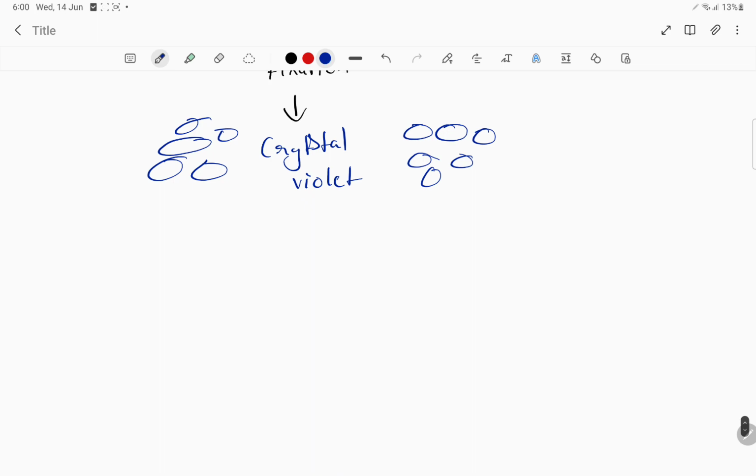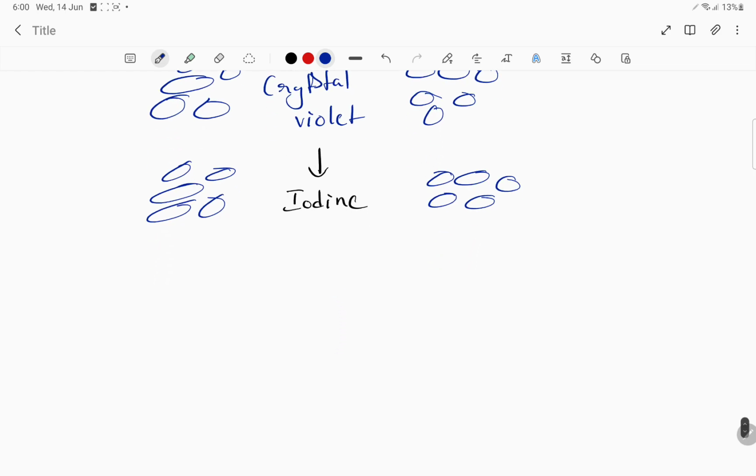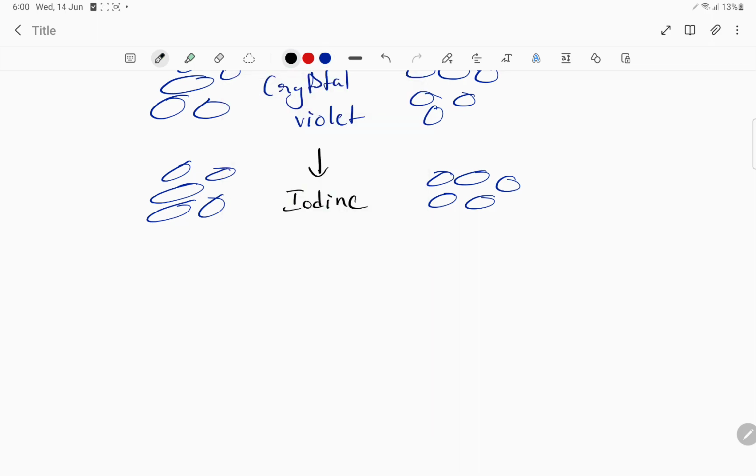And now it is treated with iodine. Again iodine will give the same crystal violet color. And next, decolorization.